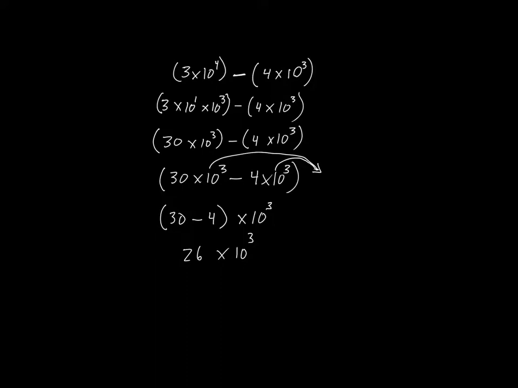So what we're going to do is change the 26 into scientific notation, and that gives me 2.6 times 10 to the first power times 10 to the third power. Now let's add the exponents, and we get 2.6 times 10 to the fourth power, and you're done. Now, I'll let you come up with your own proof like we did in the previous problem.